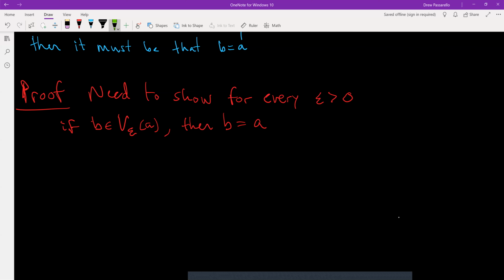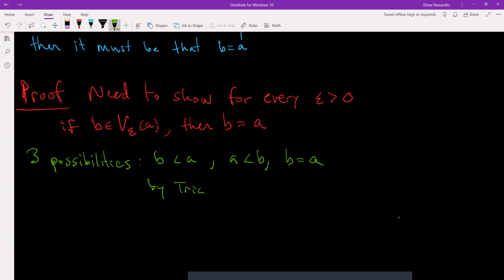Now for the proof itself, there are 3 possibilities for B. You could have B less than A, or you can have A less than B, or you can have B equal to A. All right, it's by trichotomy. I'm not sure how you spell it, so sorry for the misspelling.